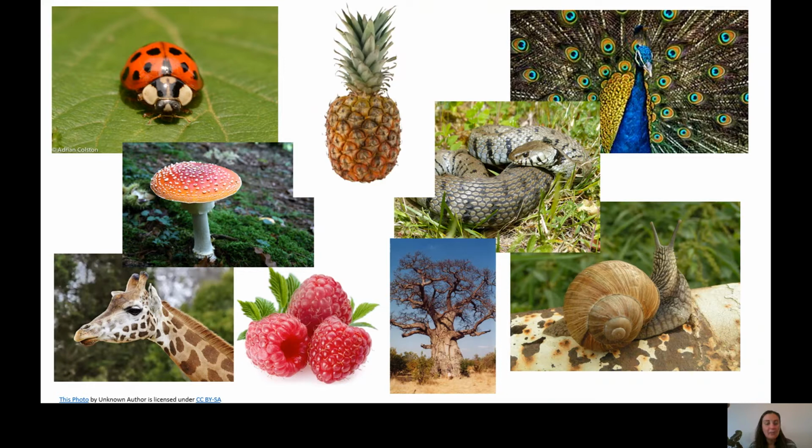And then from plants, we had the pineapple and raspberry, the bark from a tree, and then we also had a fungus, the top of a toadstool mushroom there. And there were some others as well, which you may have found.